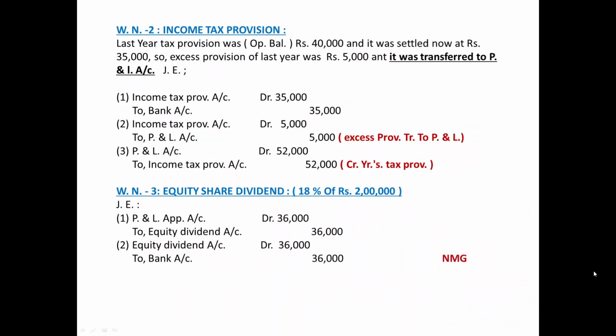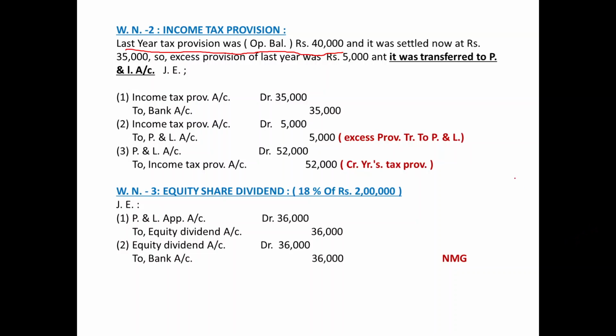So let us prepare a working note for this item, income tax provision. Last year, tax provision, that is the opening balance, was rupees 40,000. You may verify it in the balance sheet, or else just at the time of posting we will verify the opening balance. So last year closing balance was 40,000, which is an opening balance for the current year 40,000.